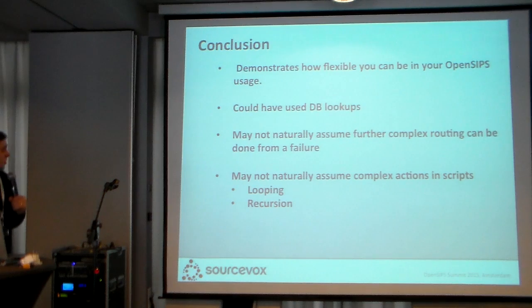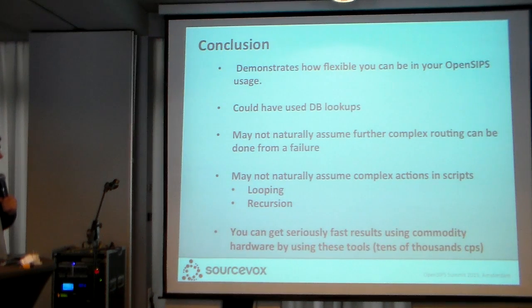You have looping and recursion as I explained before. You have almost Turing-complete routing script, and by not making external requests to databases and external API calls, you can get very, very fast results without spending lots and lots of money on hardware. So typically tens of thousands of calls per second just by taking advantage of all these features that OpenSIPS gives you.